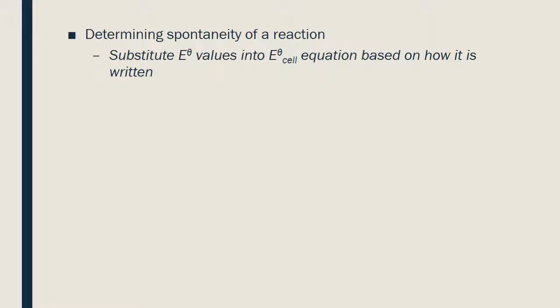The second kind of calculation we can do is determining the spontaneity of a reaction. So when we do this, you're going to substitute the E theta values into the E theta cell equation based on how it's written and not how it would technically run for a spontaneous reaction. So literally you need to read the problem and write it as you see.